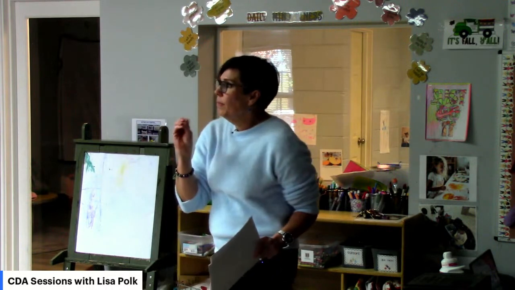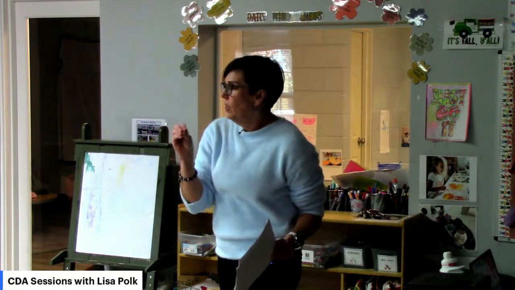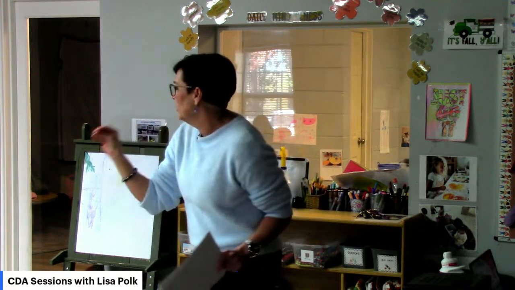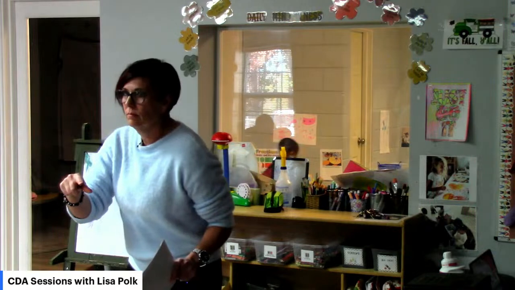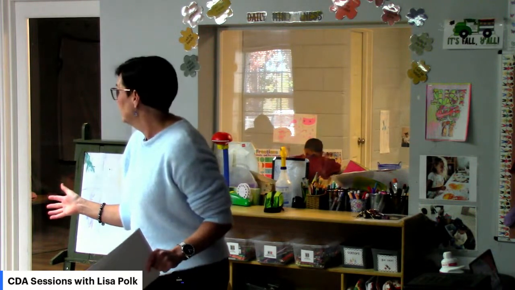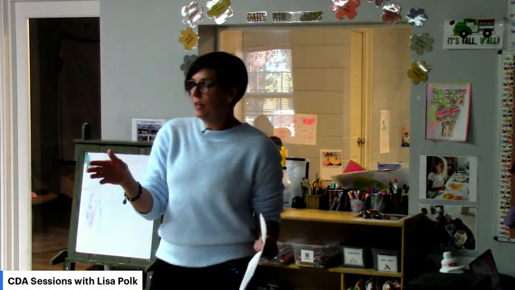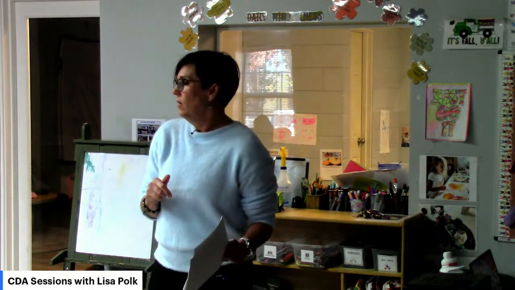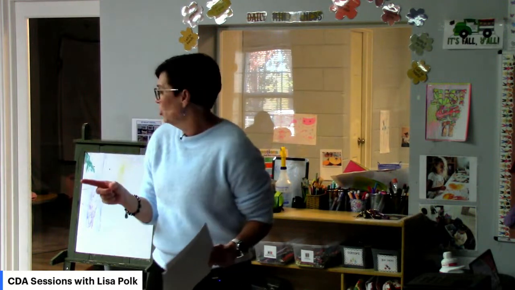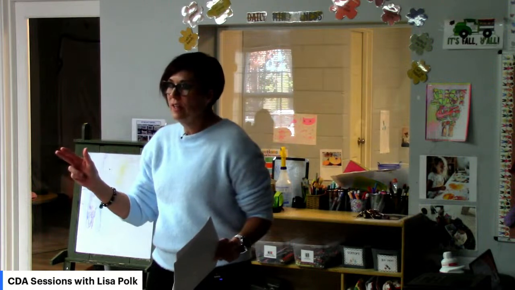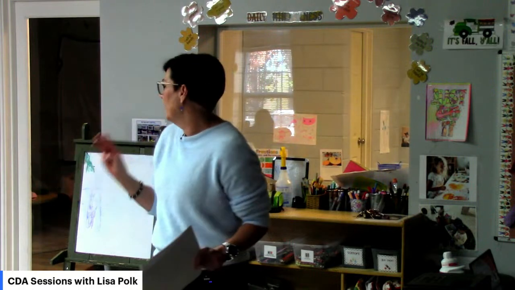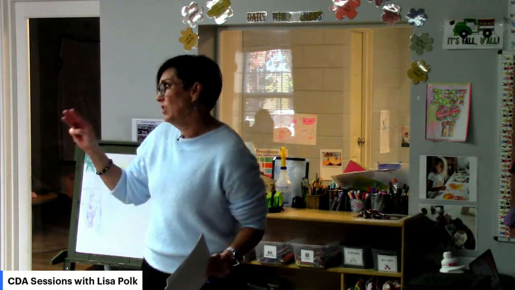When you're thinking about your activities for your children, you're going to have each one of these 3 levels in your classroom all the time, based on their experience levels. You're always going to have a child emerging, a child developing, and a child at or almost at a mastery level.